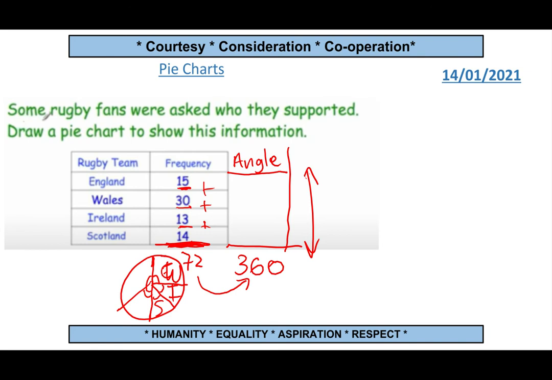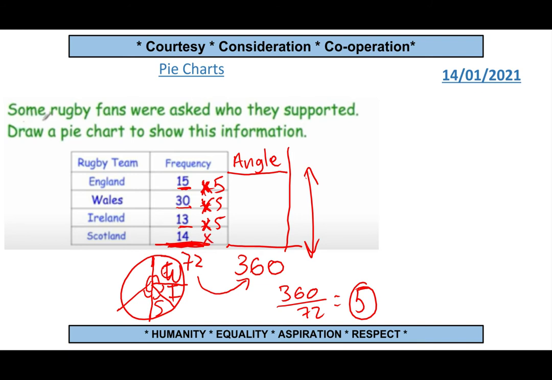So let's do 360 divided by 72, and I get 5. Okay, so 72 is a factor, so all I need to do is multiply each of these values by 5.